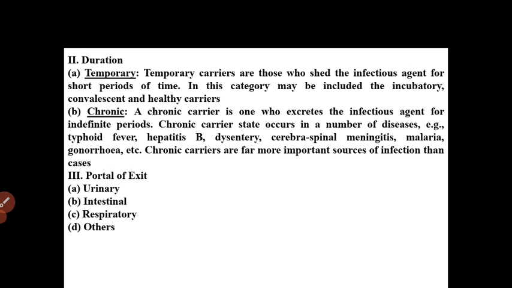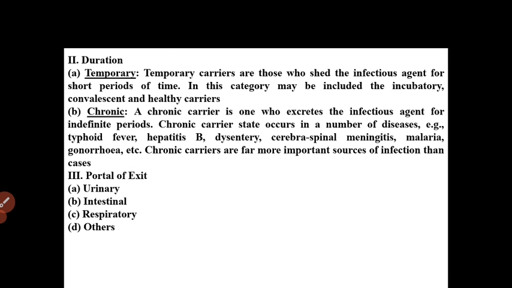Duration: temporary or chronic. Temporary carriers are those who shed the infectious agent for a short period of time. Okay. Chronic: a chronic carrier is one who excretes the infectious agent for an indefinite period. Chronic carrier state occurs in a number of diseases.